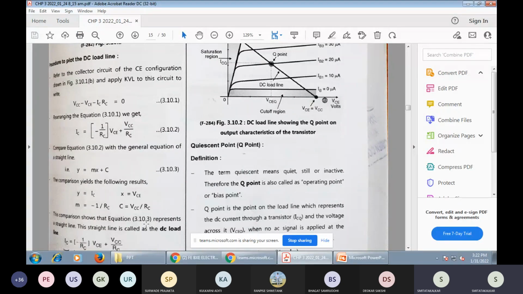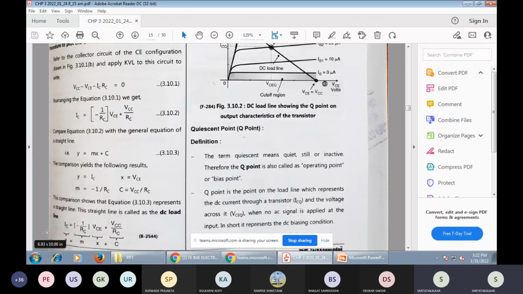If the straight line is a DC load line, the equation is y equals mx plus c.